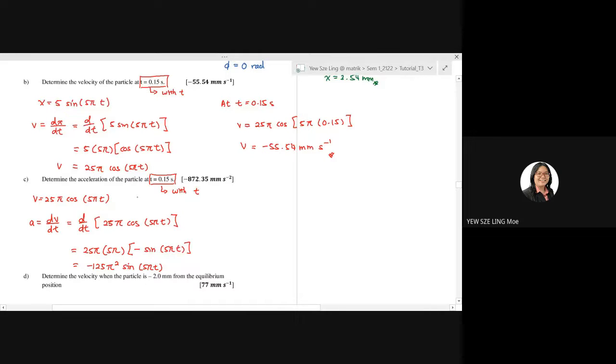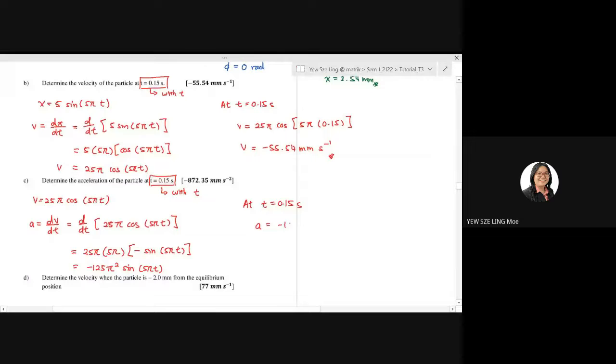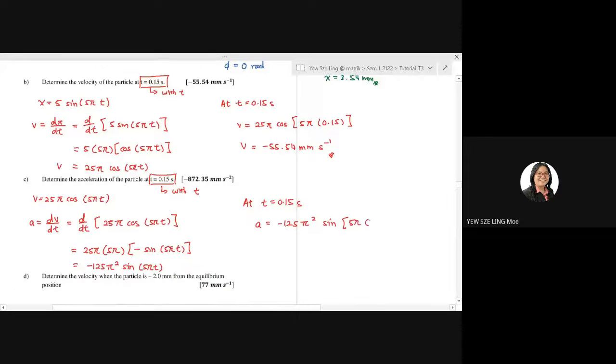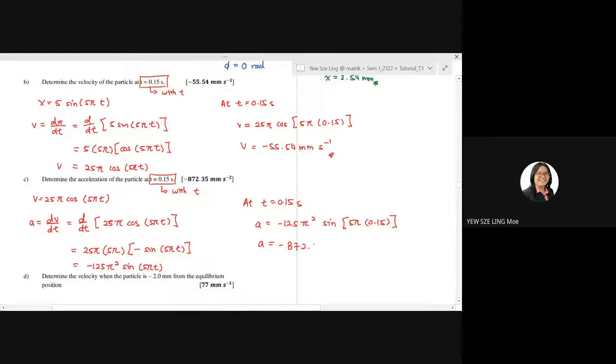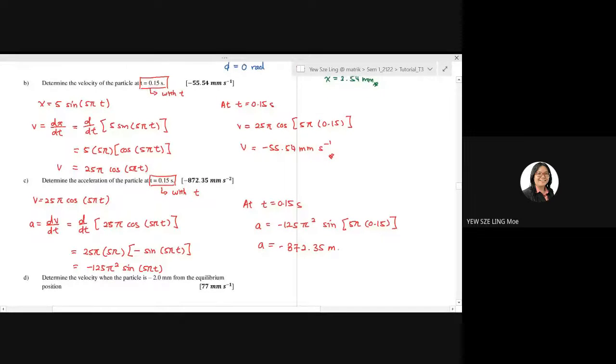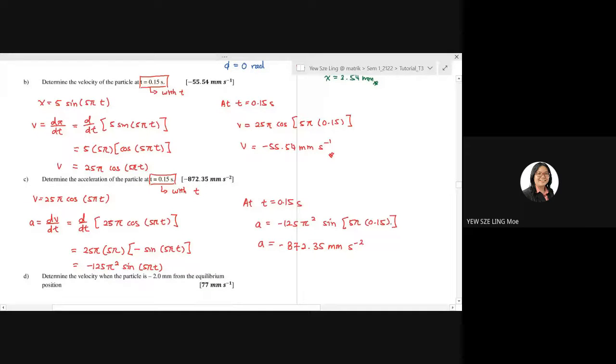And again, because you are given time t equals 0.15 second, at t equals 0.15 second, my a equals negative 125 pi squared sine of 5 pi times 0.15, which equals negative 872.35 mm s^-2. So this is how you solve it.